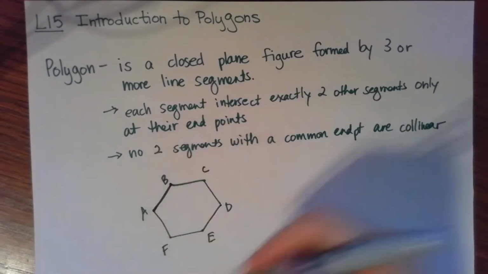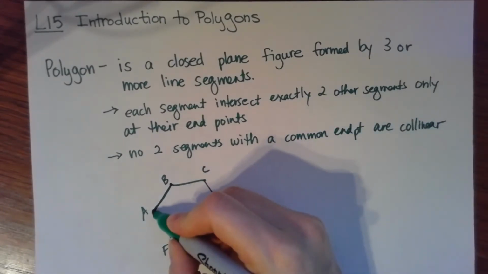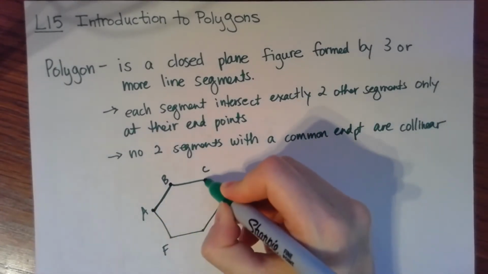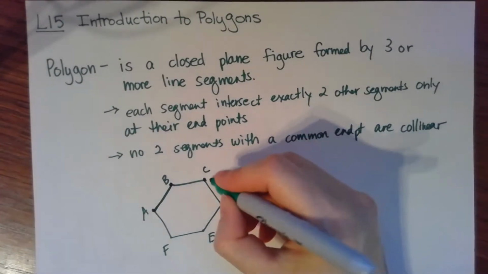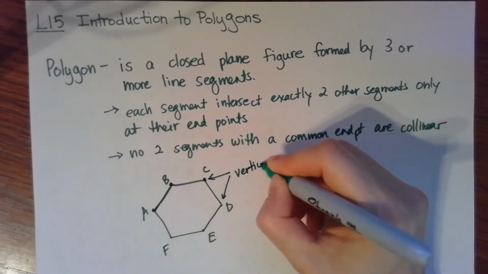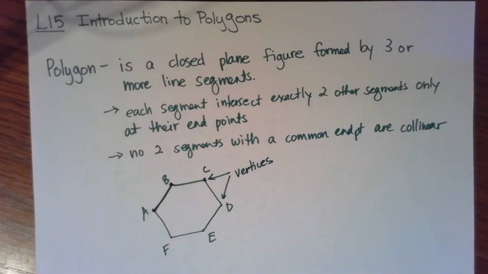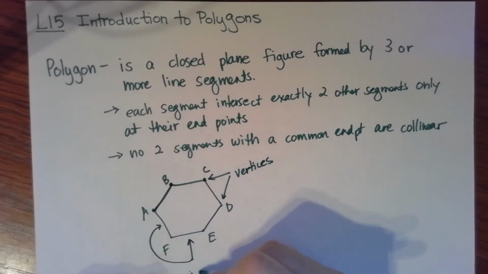Okay, so we have something that looks like this, and then the endpoints of all the segments are called vertices, just like in a triangle. So all of these are vertices. And all the segments are called sides.